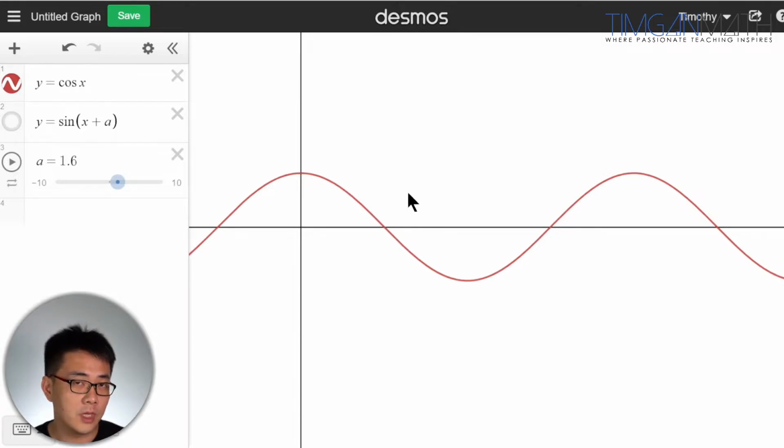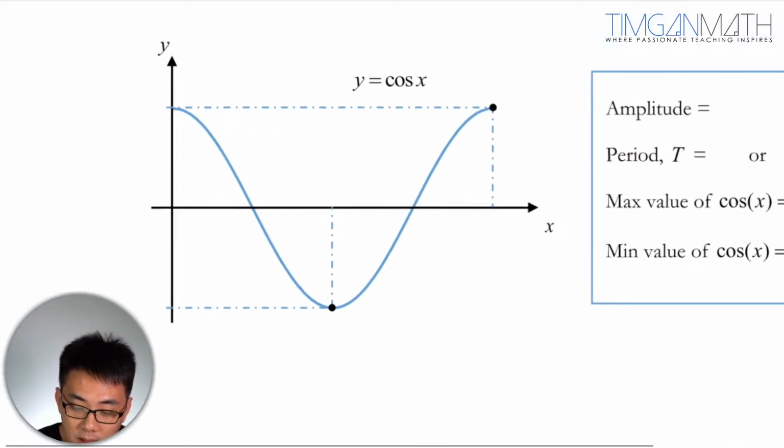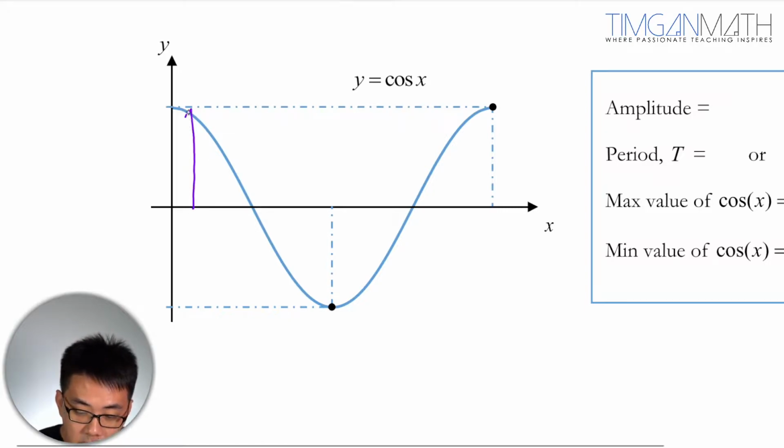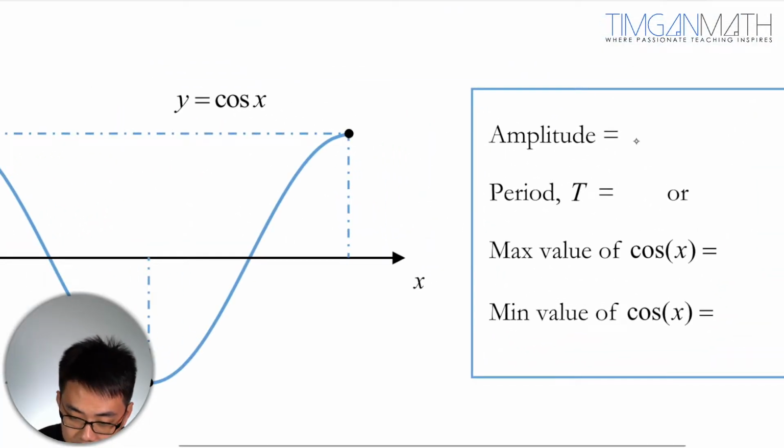So the steps of sketching the cosine curve are similar to those of sketching the sine curve, just that you start from 1. The amplitude, meaning the displacement from the line of equilibrium, is 1 and minus 1. The amplitude is 1 for the cosine curve.